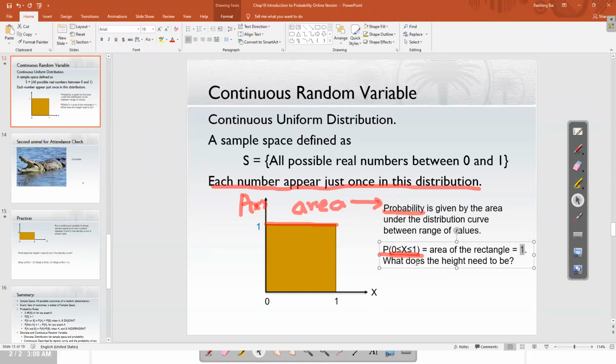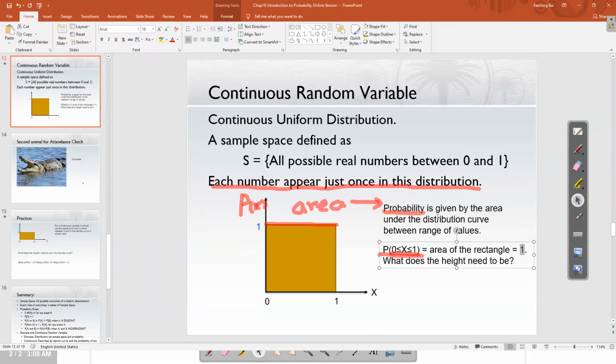But in a density curve, the probability of any event is the area enclosed by the event between the x-axis and the density curve. So that means the shaded area needs to equal 1. The shaded area is the probability of the sample space. That's by the definition of the density curve.